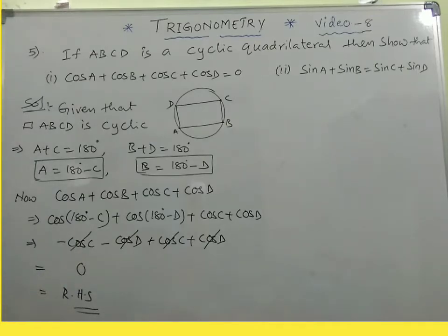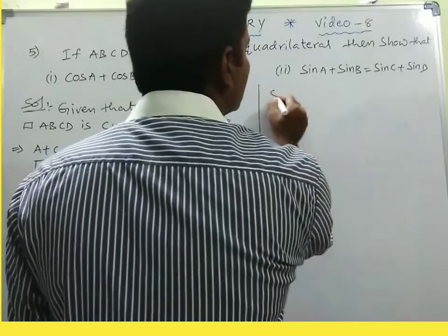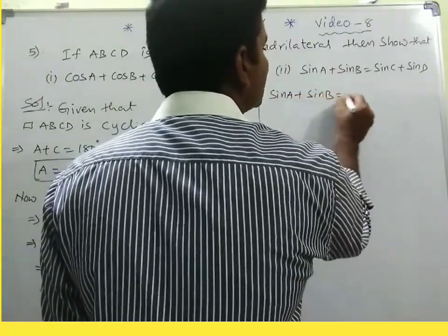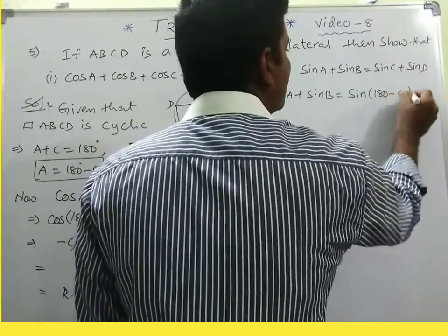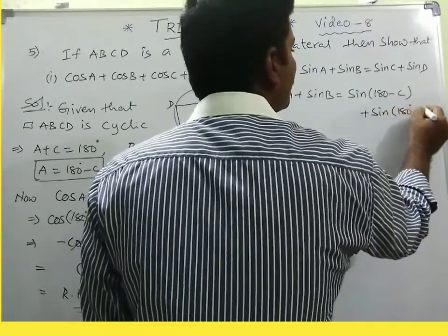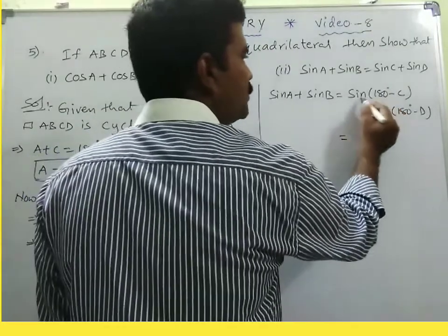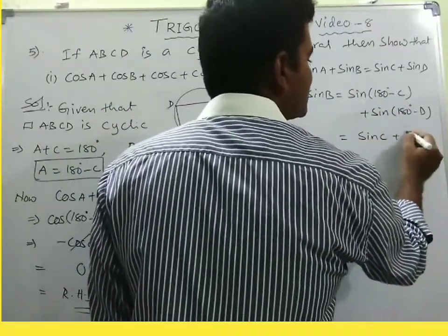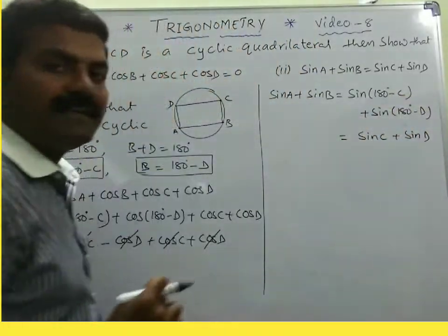Okay. So similarly, coming to the second one, what we want is sin A plus sin B. So sin capital A I can write as sin of 180 minus C, plus sin capital B I can write as sin of 180 minus D. Because of 180 there is no change in the trigonometric function, that is sin C, and this is sin D. And my dear, moreover 180 minus C is in the second quadrant.